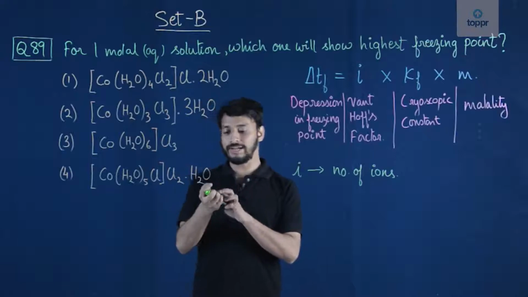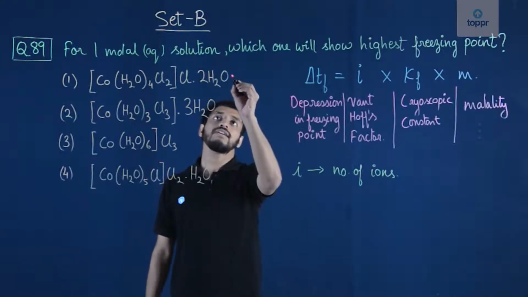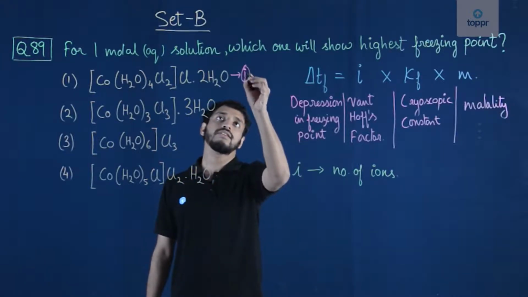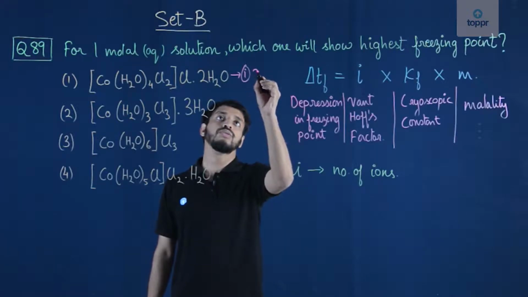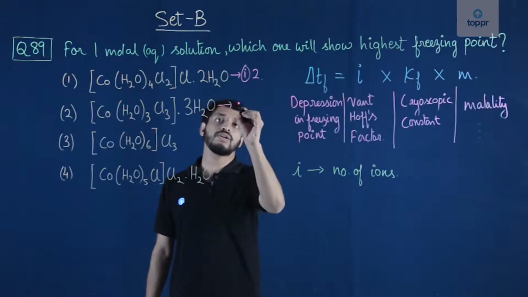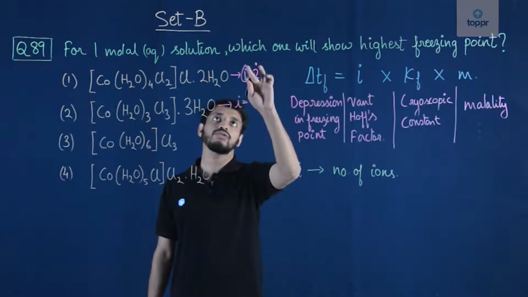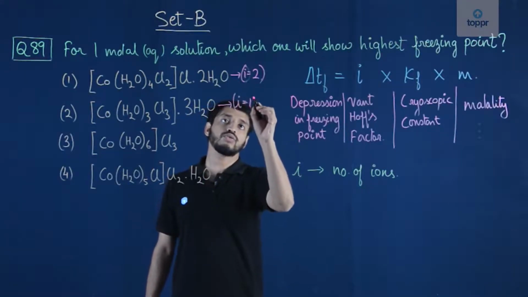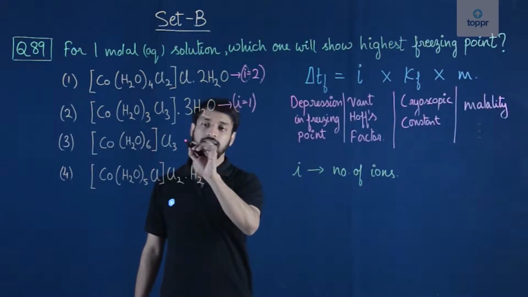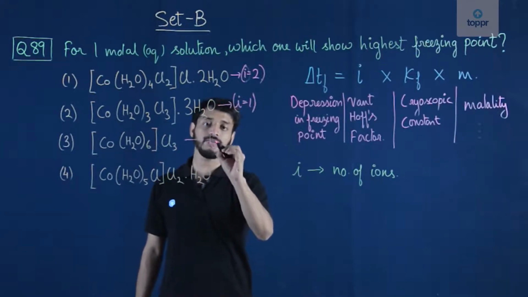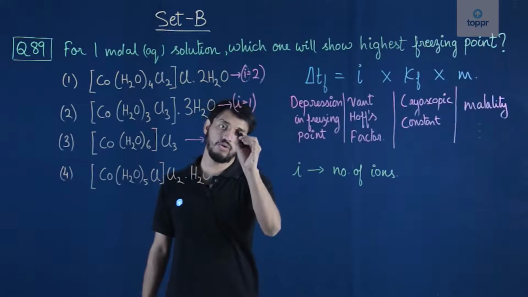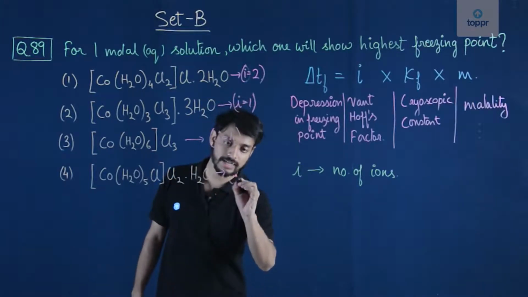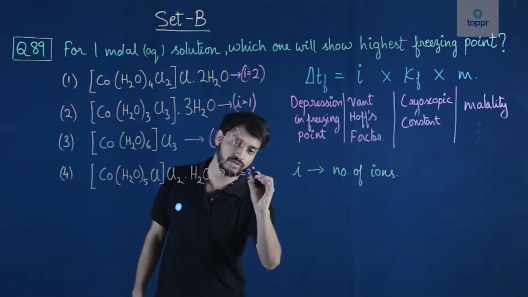Now if we calculate i, for this compound i is 2. For this compound, if we calculate i, here i equals 1. In this case, this compound here i is 4, and in this compound we will get i as 3.